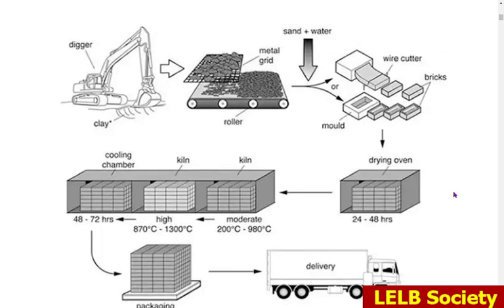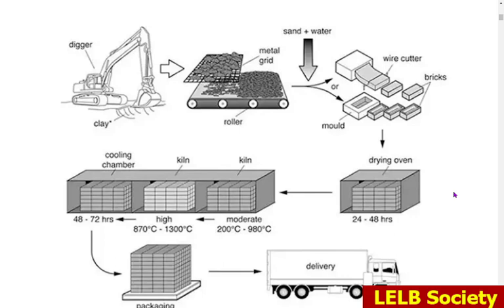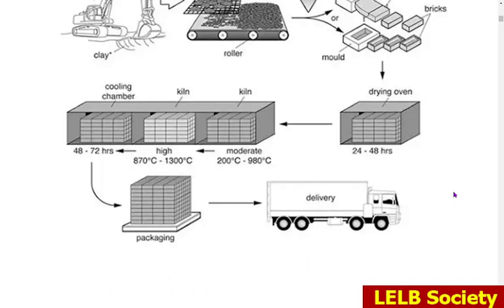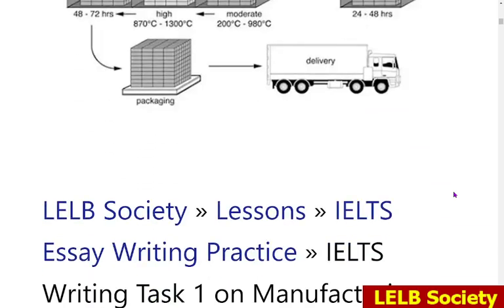So you need to pay attention to this diagram, which is the process of manufacturing and making bricks. And the essayist or candidate is supposed to write a report elaborating on this process.